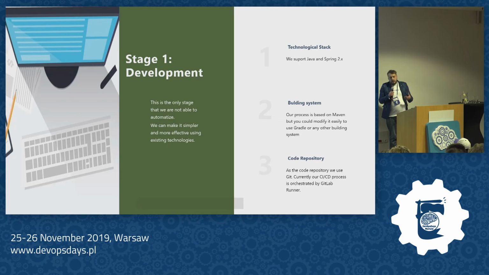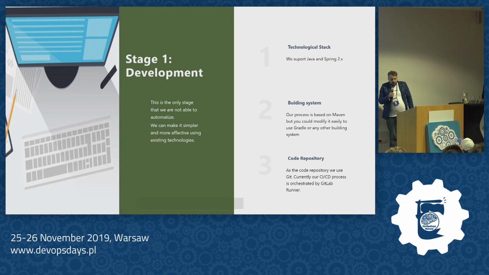This is something we cannot automate. All other stages are usually highly automated or fully automated and can go without intervention of humans. So this thing is for the friendliness to the developer to just click a button and observe how the whole CI/CD process is going.